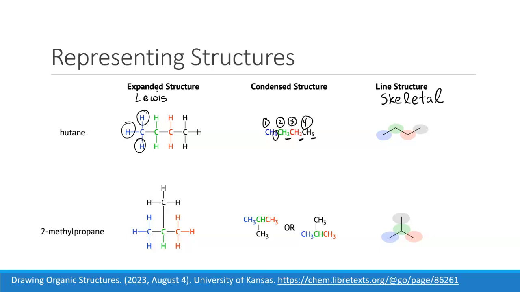And this does not represent the number of carbons. This is just labeling those carbons with a number so that we can describe where they're at in the skeletal structure. So in a skeletal structure, at the end of every line is a carbon, and every corner represents a carbon. Okay, so that skeletal structure shows 4 carbons, 1, 2, 3, and 4.